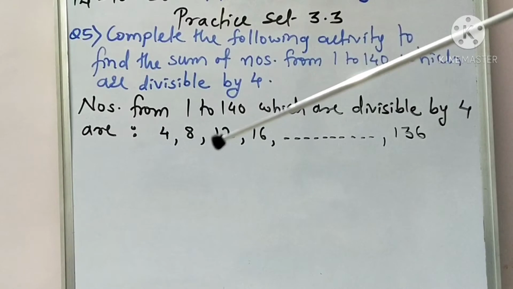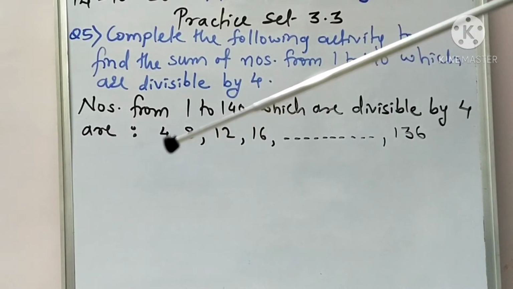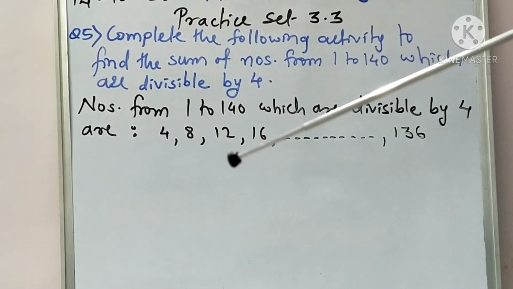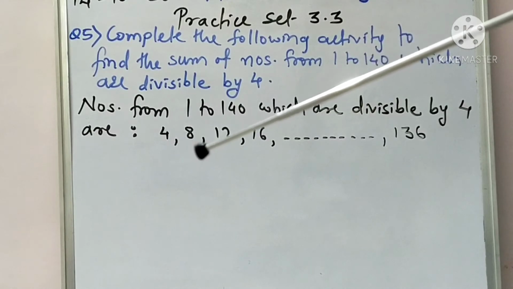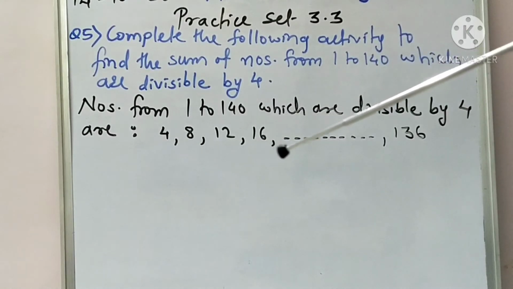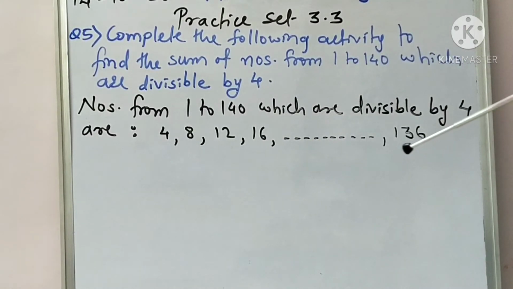Okay, and the first number is 4, and in the table of 4 we take the difference between two consecutive terms as 4, we write the list up to 136.